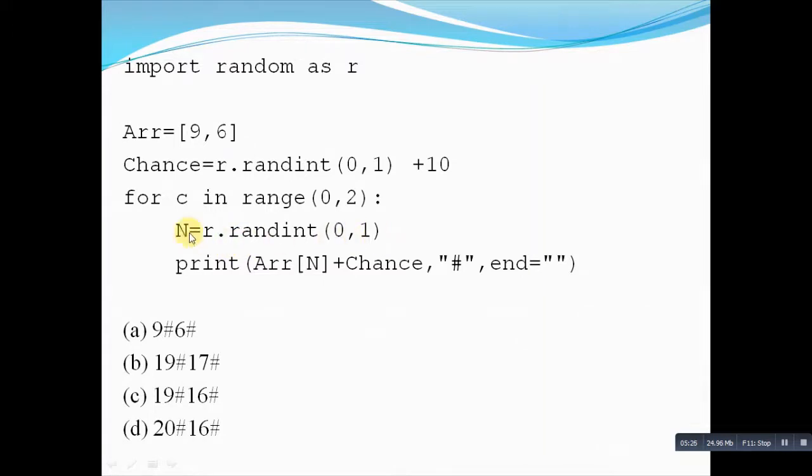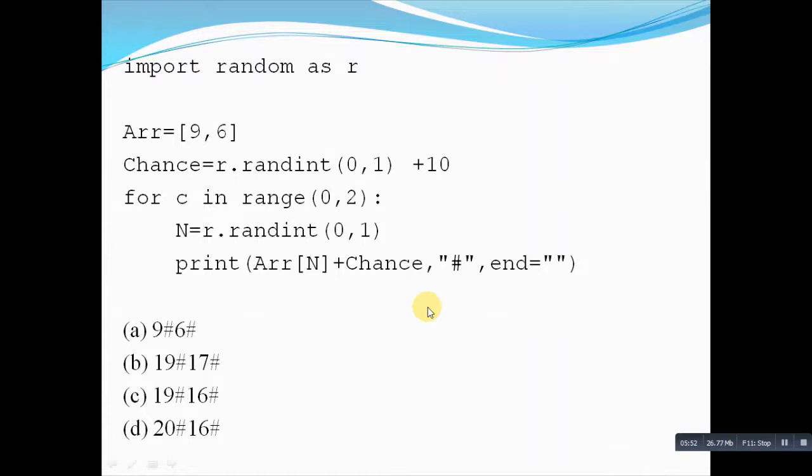So if 0 is generated, it will print 20 hash, because the value of chance is taken here as 11. The first value is 9, and 9 plus 11 is equal to 20, then 20 hash. In the second iteration, again if it generates 0, then it may generate 20 again.